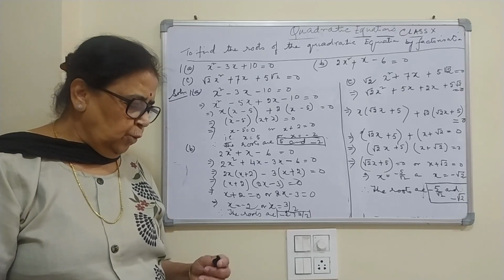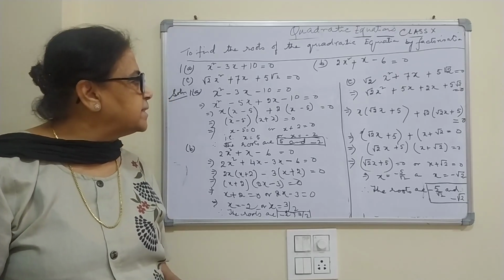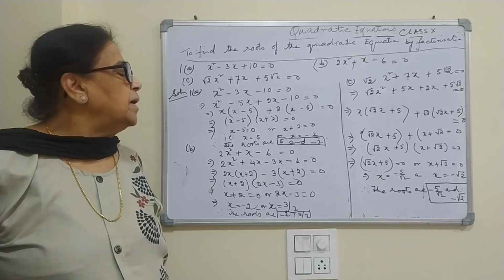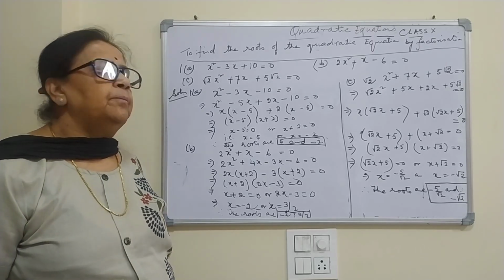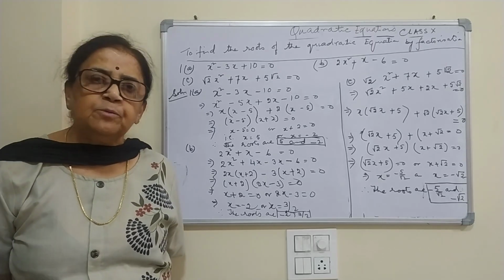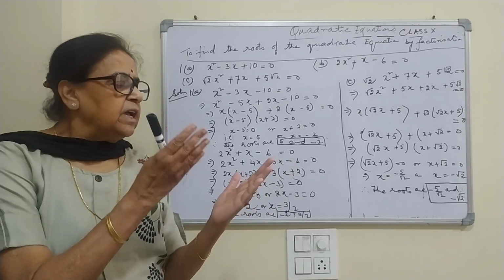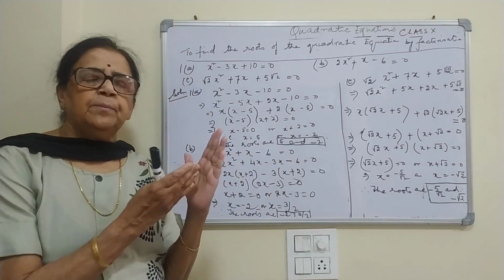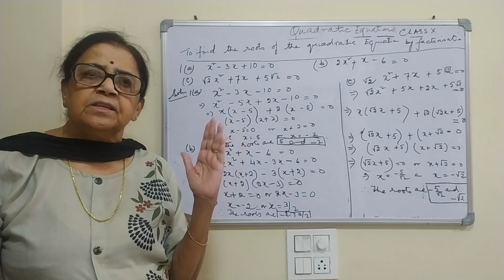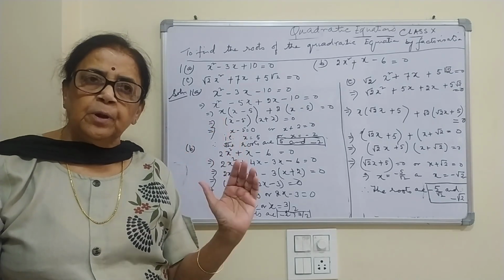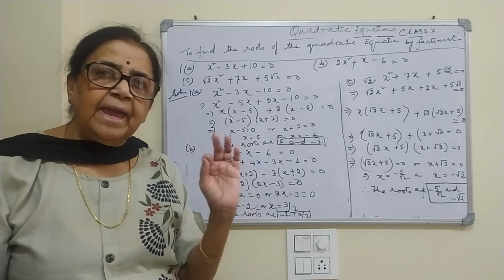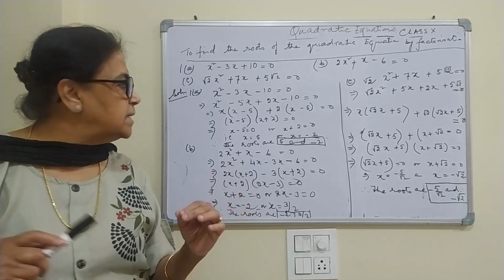Now we move to the third portion. The third sum is the C part, that is root 2 x square plus 7x plus 5 root 2 is equal to 0. What is the method? If ax square plus bx plus c is the quadratic polynomial, we multiply a and c.